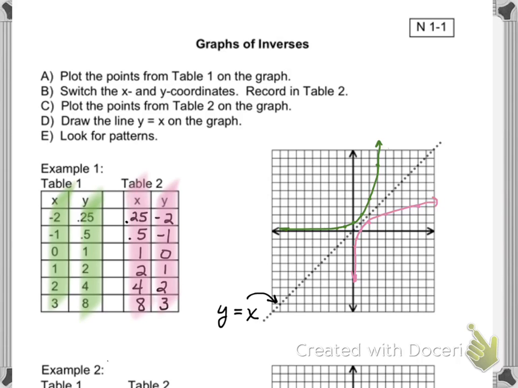So graphs of inverses are reflections over the line y equals x. Okay, so that's the pattern that we can kind of get from this.